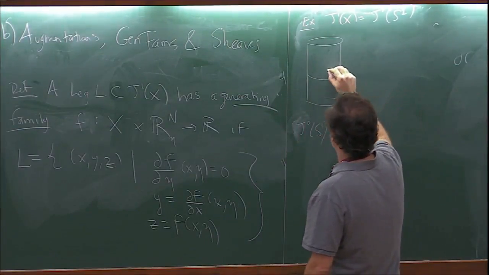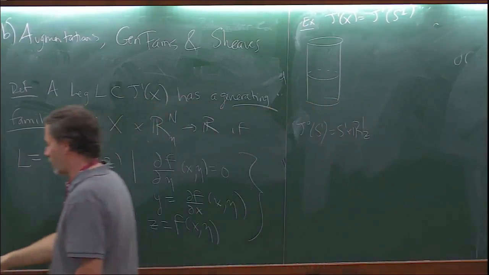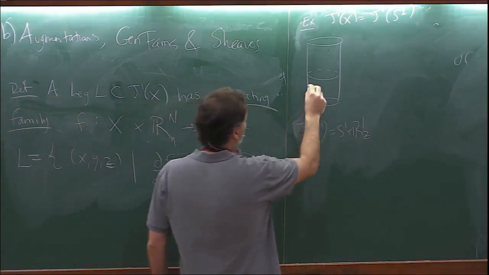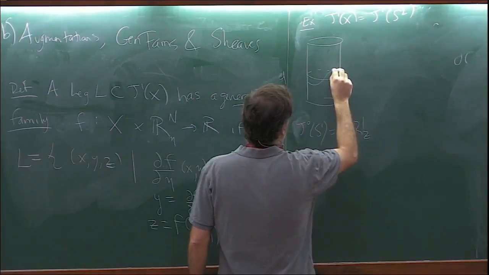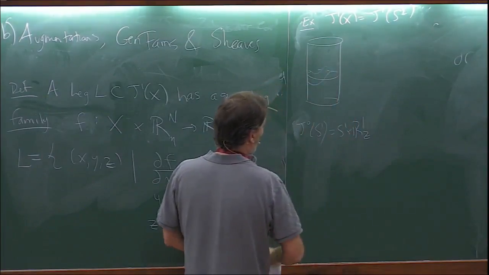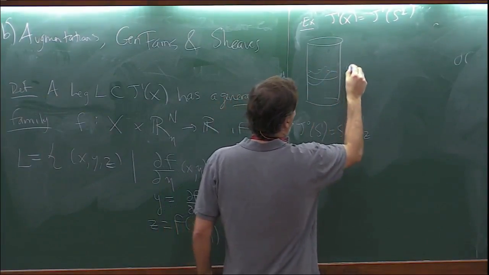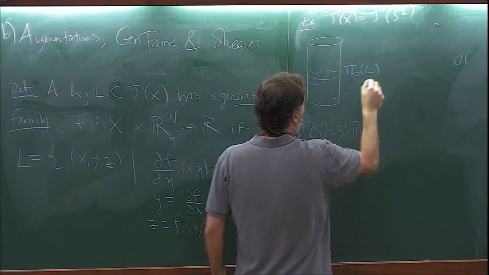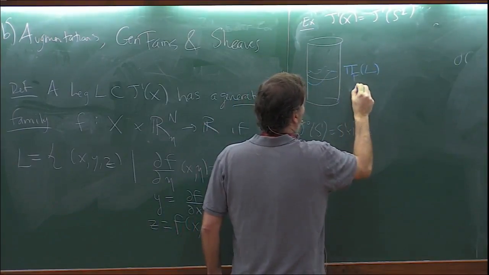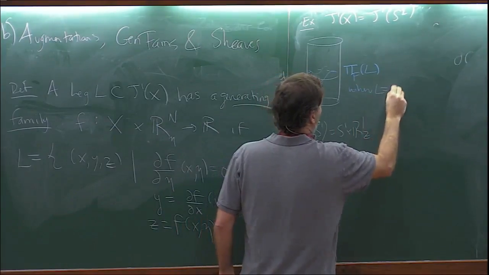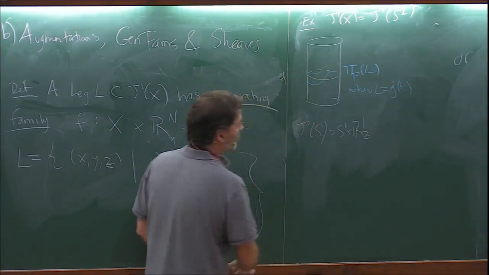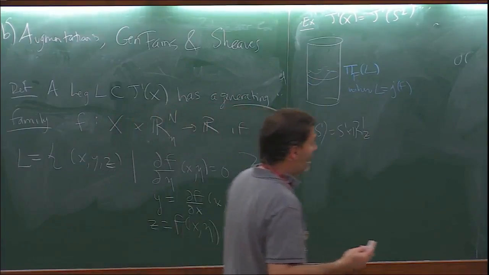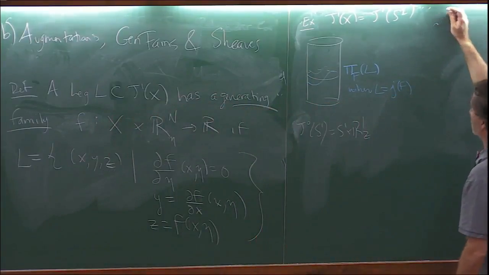Okay? And I could just take a Legendrian that looks like this. So let's say L, here's pi front of L, which is where L is the one-jet of a function. Then F is my generating function.